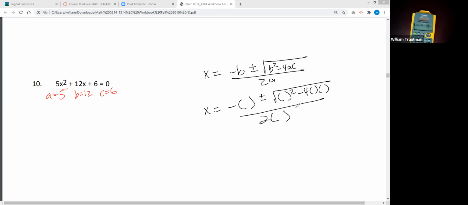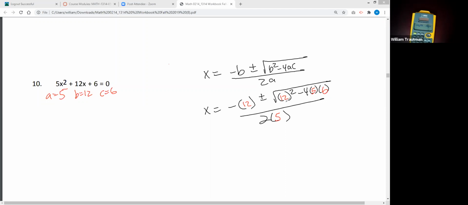Everywhere I see a letter, I always put a parentheses because people get the signs wrong if you don't do that. A is 5. There's an a here and an a here. B is 12, 12, 12, and C is 6.